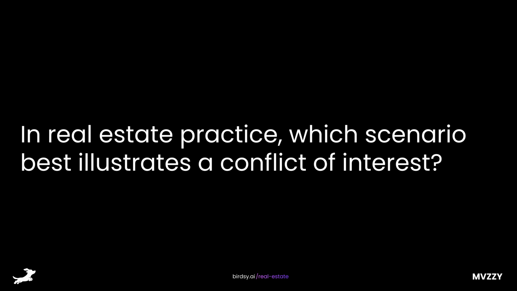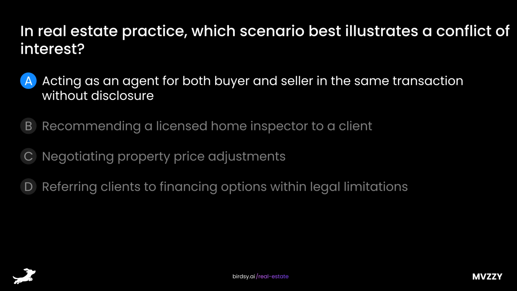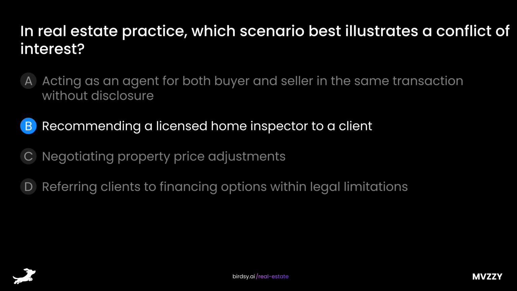In real estate practice, which scenario best illustrates a conflict of interest? Is it A. Acting as an agent for both buyer and seller in the same transaction without disclosure? B. Recommending a licensed home inspector to a client? C. Negotiating property price adjustments? Or D. Referring clients to financing options within legal limitations?